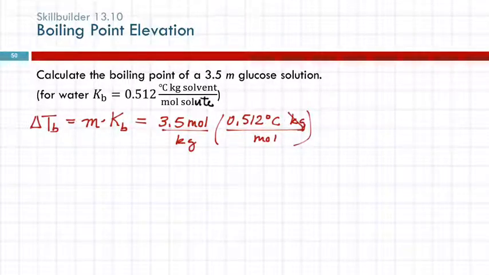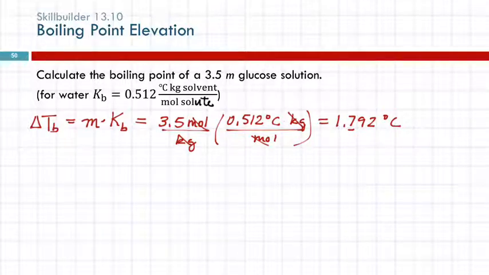The kilograms cancel, the moles cancel. 3.5 times 0.512. So the change in the boiling point is 1.792 degrees Celsius.